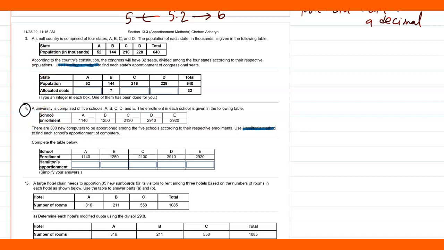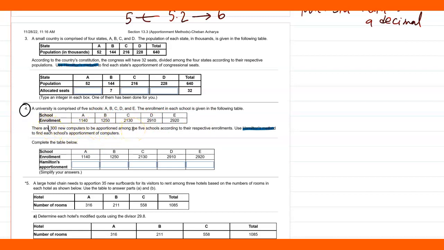Question number 4. A university is comprised of 5 schools, A, B, C, D, E, and enrollment in each school is given in the following table. Remember that this population is the enrollment for each school. There are 300 new computers to be apportioned.